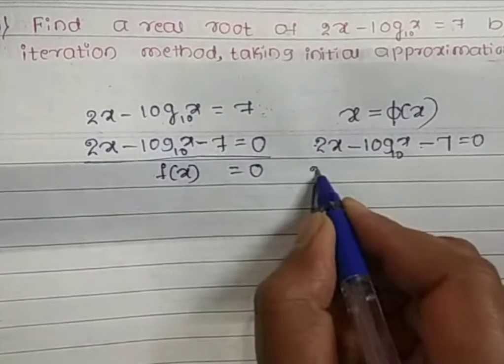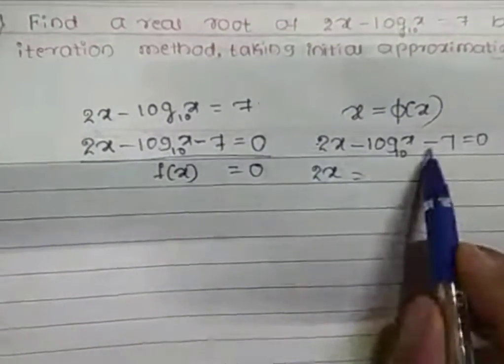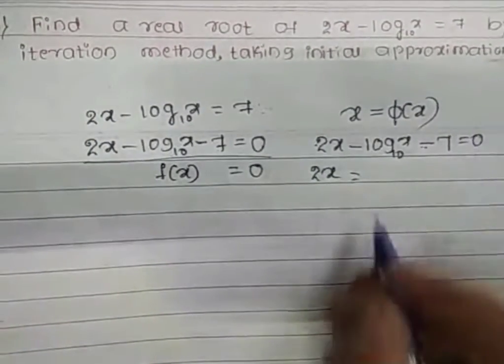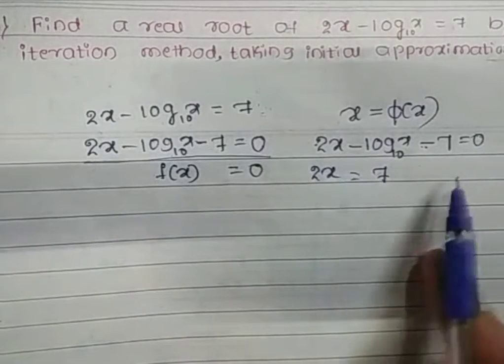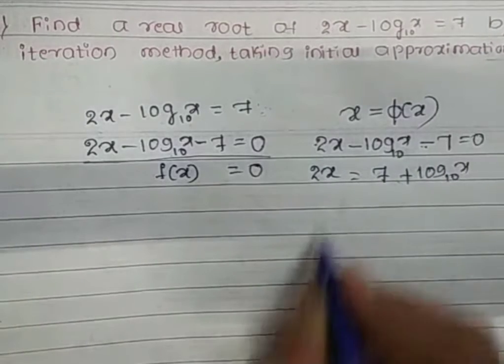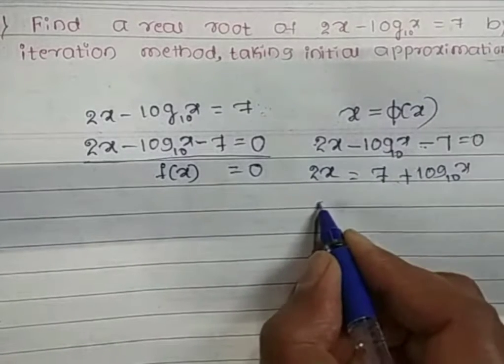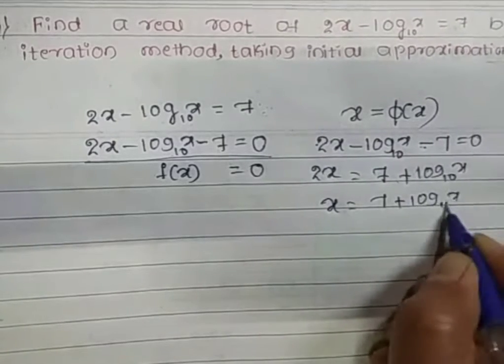For that, keep this 2x on the left side only and then take minus 7 to the right side, that is plus 7. Take minus log to the right side, plus log x to the base 10. So we are calculating here the x value, therefore x is equal to 7 plus log x to the base 10.